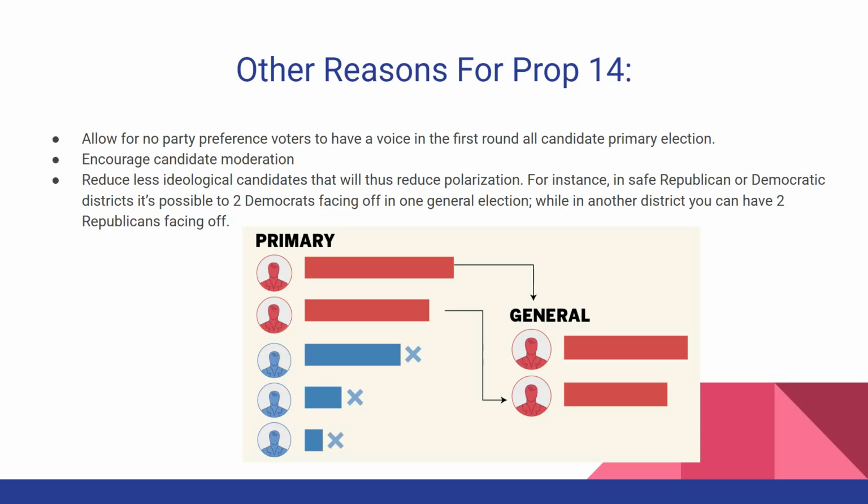So why are parties excluding no party preference voters that make up a significant chunk of the electorate, especially in California? And also it was to encourage candidate moderation, because it would force candidates to reach out to a broader electorate in one unified primary with all the candidates and all the voters voting and running regardless of party affiliation.